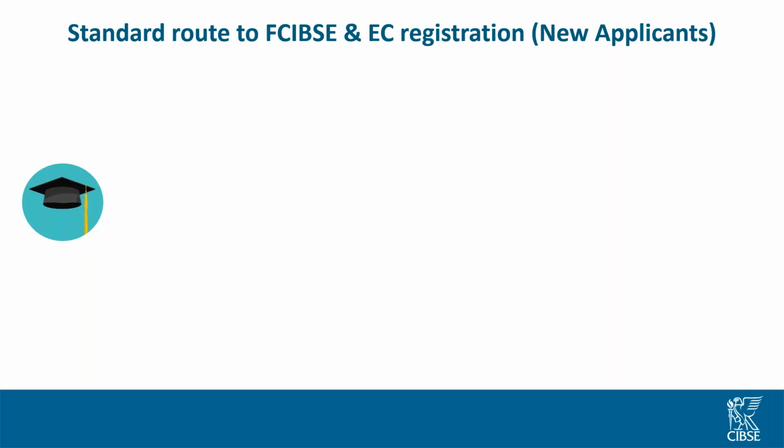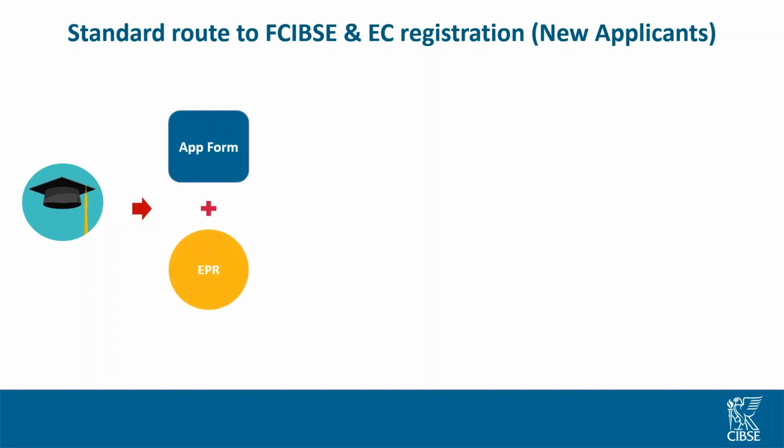Moving right along to cover the two main routes to membership and registration. We have the standard route and we have the alternative route. I'm going to go over the standard route right now. If you have accredited qualifications, you would go via the standard route to gain FCIBSE and EC registration. You would submit an application along with an engineering practice report.